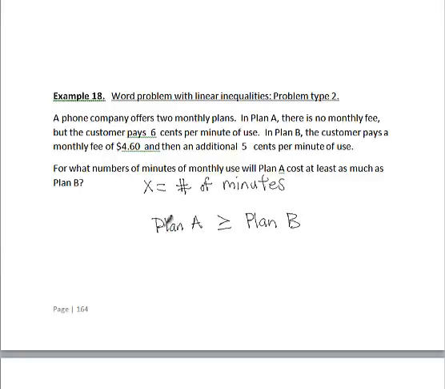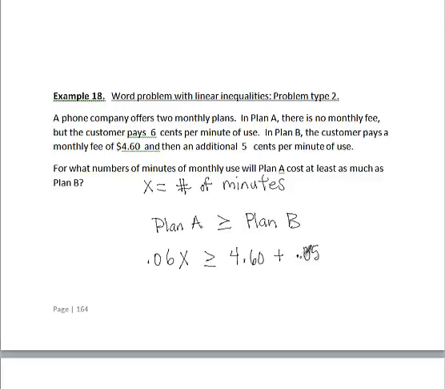So now we simply replace our phrases Plan A and Plan B with their actual costs. Well, Plan A, there is no monthly fee, but 6 cents per minute tells us that we take 6 cents, which in terms of dollars would be written 0.06 times the number of minutes. And then Plan B is a flat rate fee of $4.60. And then we pay more for every minute we use, 5 cents, 0.05.